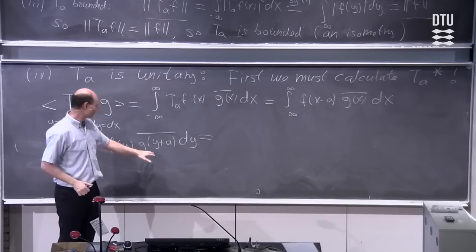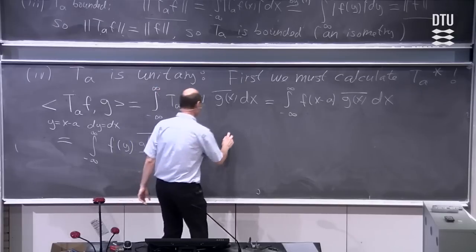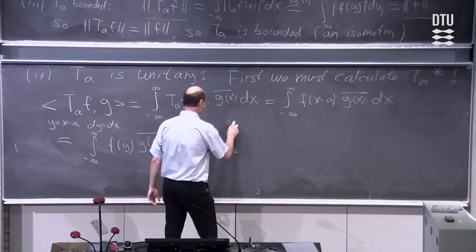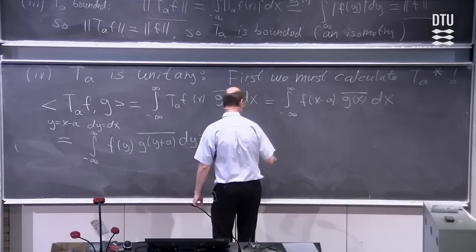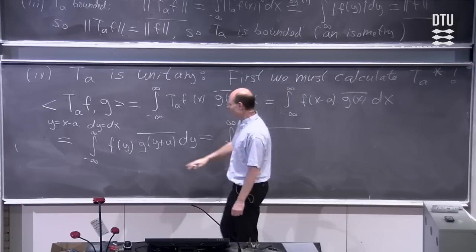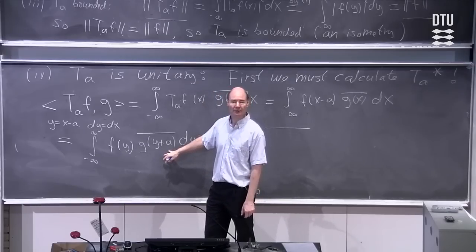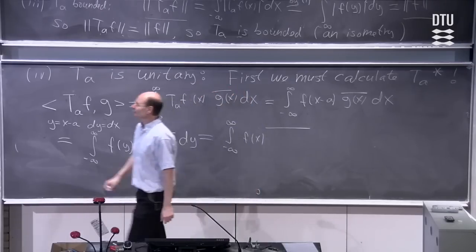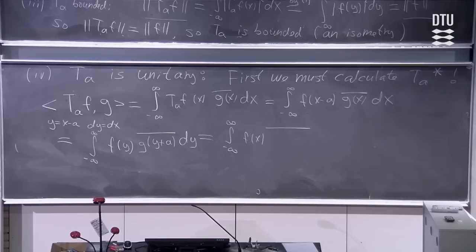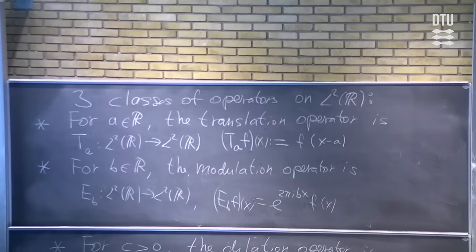So the question is, do we recognize this? And I claim that we do. This is also a translation operator, now acting on the function g. You can see the translation operator TA acts by subtracting a. Now we get something where we have added the a instead.